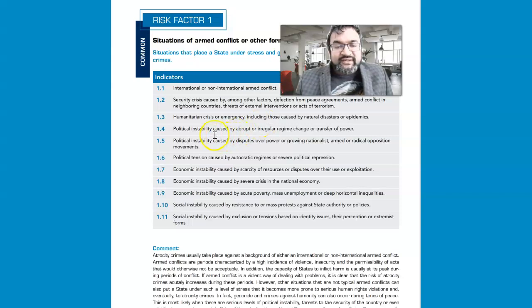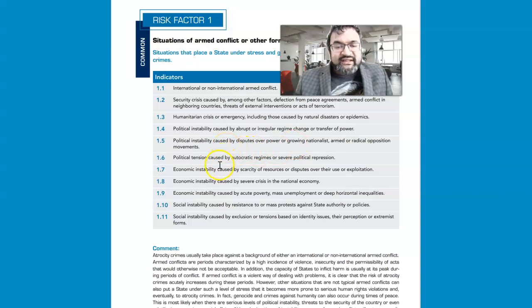Again, the political instability 1.4 follows naturally from some of the other indicators. So political instability caused by abrupt or irregular regime change or transfer of power. And then 1.5, political instability caused by disputes over power or growing nationalist armed or radical opposition movements.